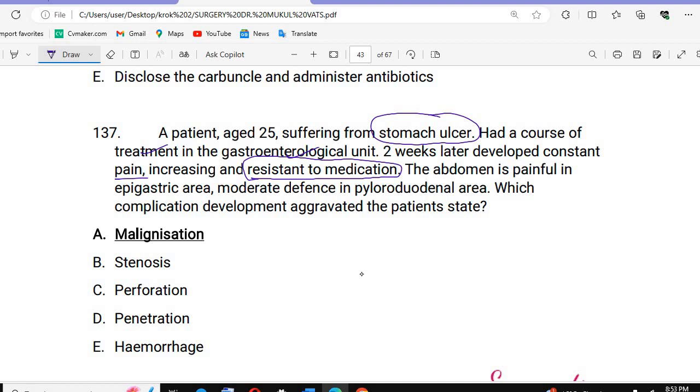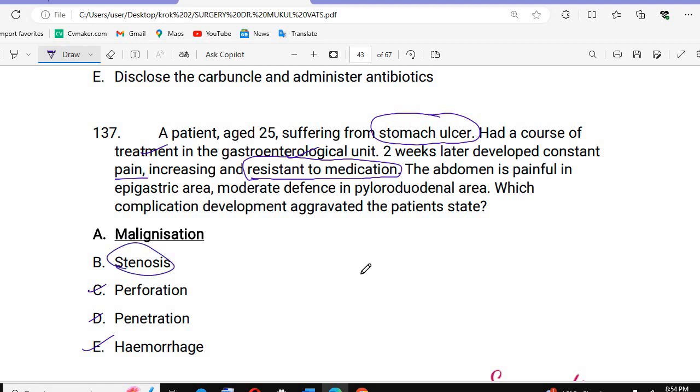Perforation will not be the answer, because we discussed that if perforation is there, there will be chances of hemorrhage and shock conditions, as in the previous question. Hemorrhage, again the same thing. Penetration is not the word used.